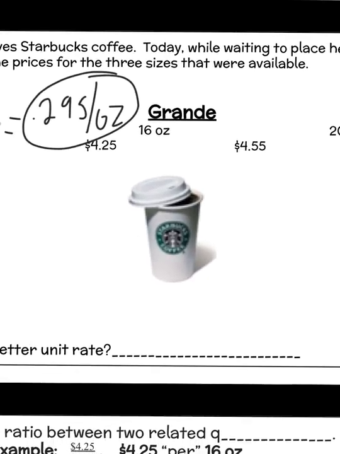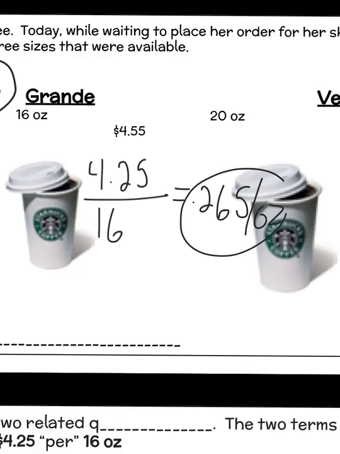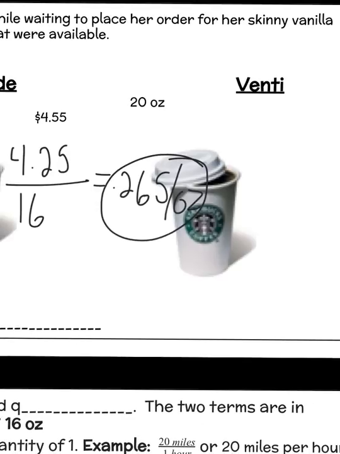For the grande, we will do $4.25 divided by 16 ounces. And that will equal 0.265 or 26 cents per ounce. So let's look at the venti.